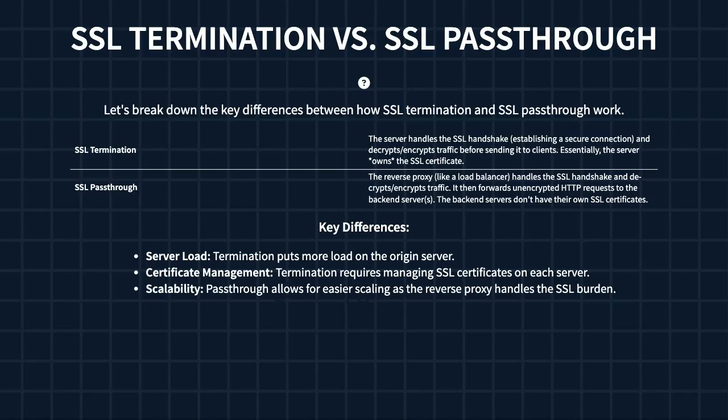This means the server has to do a lot more work. On the other hand, with SSL pass-through, the load balancer takes care of the SSL handshake and decrypting traffic. It then sends unencrypted HTTP requests to the actual backend servers. The key benefit here is that the origin servers don't need their own SSL certificates, which makes scaling much easier.